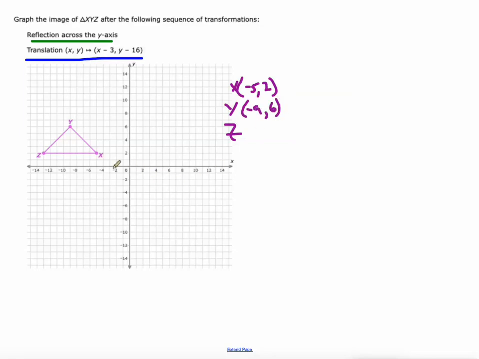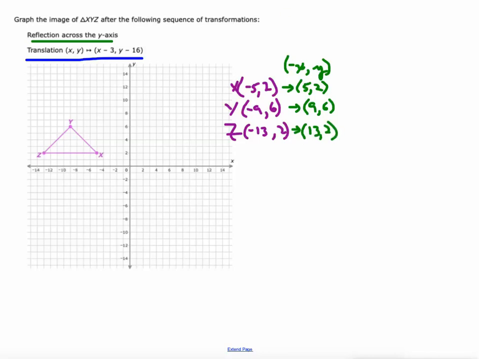And Z is at -13, +2. First things first, our reflection across the y-axis. That is (-x, y) is the rule for that. Take the opposite of x, leave y alone. So +5, 2. +9, 6. +13, 2.